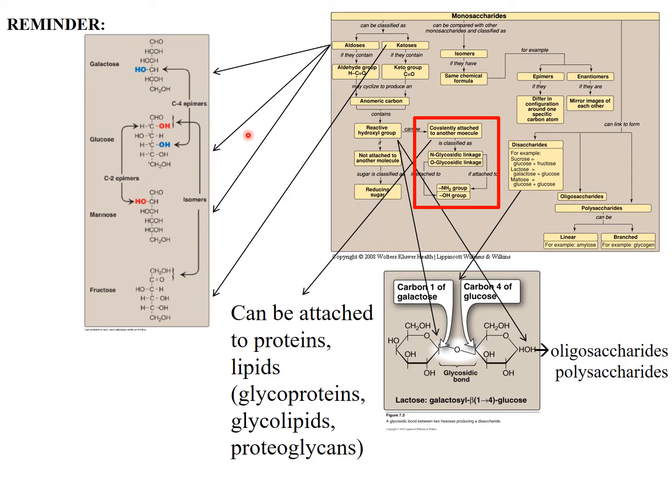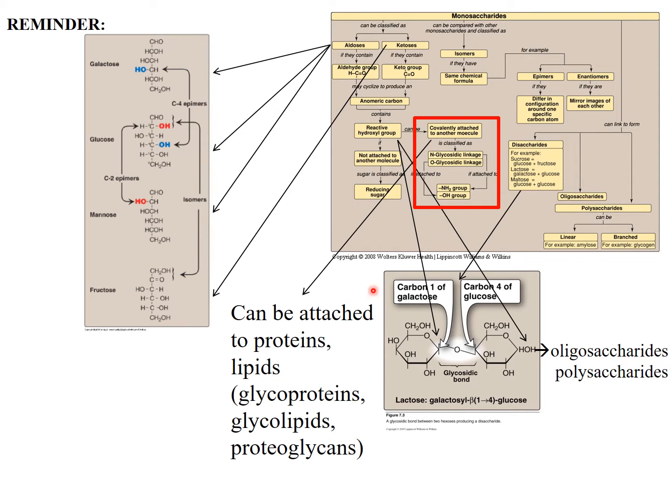This is a reminder of when you learned about carbohydrates and carbohydrate metabolism in the previous blocks. You learned about monosaccharides and their use in energy generation, as well as how they can be turned into glucose and how glucose can be stored in the form of glycogen.